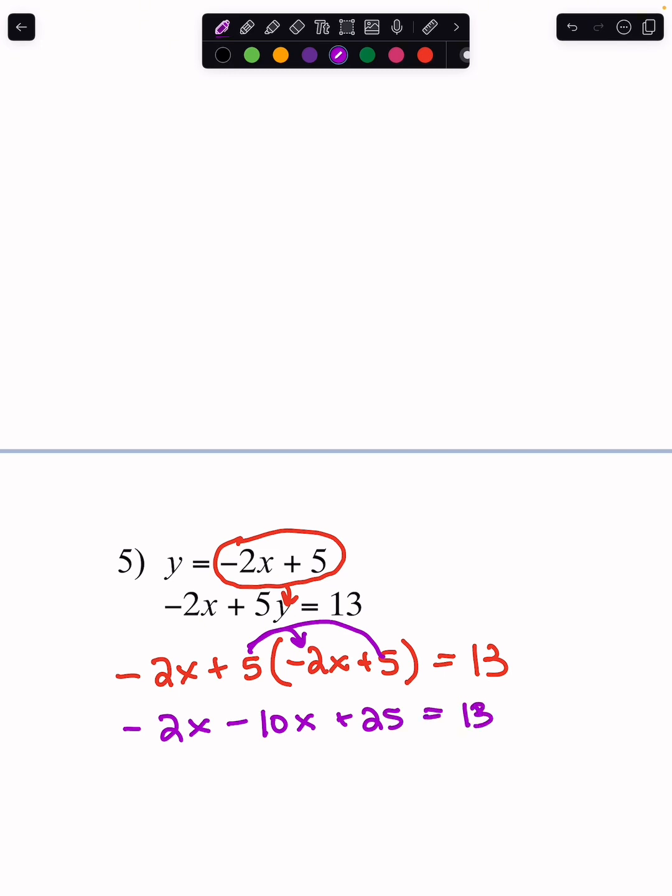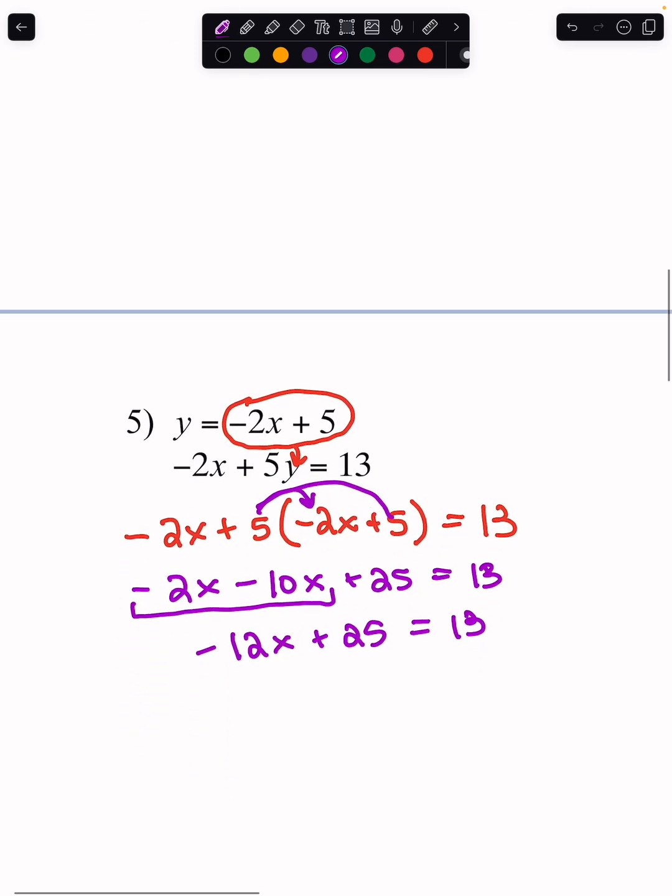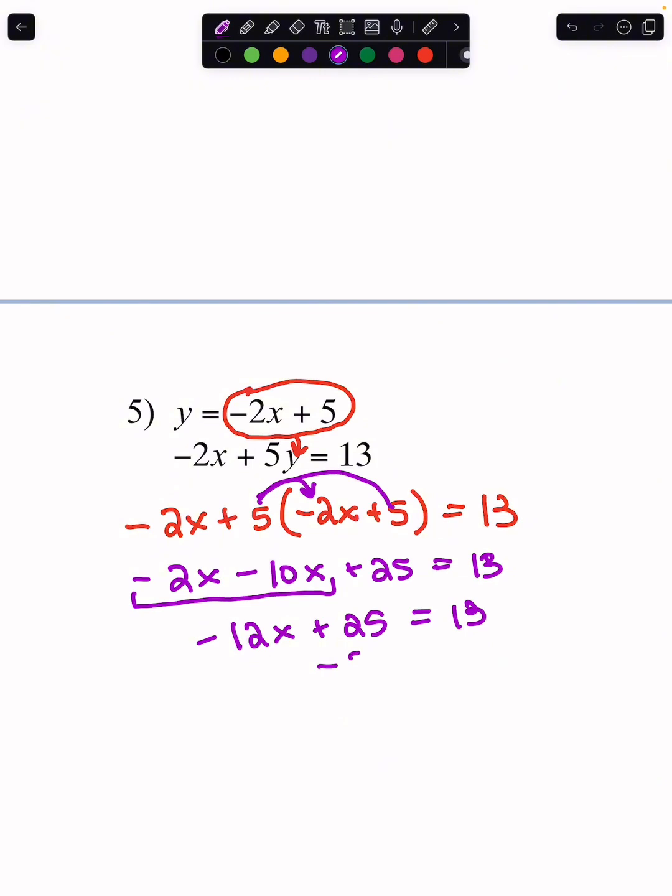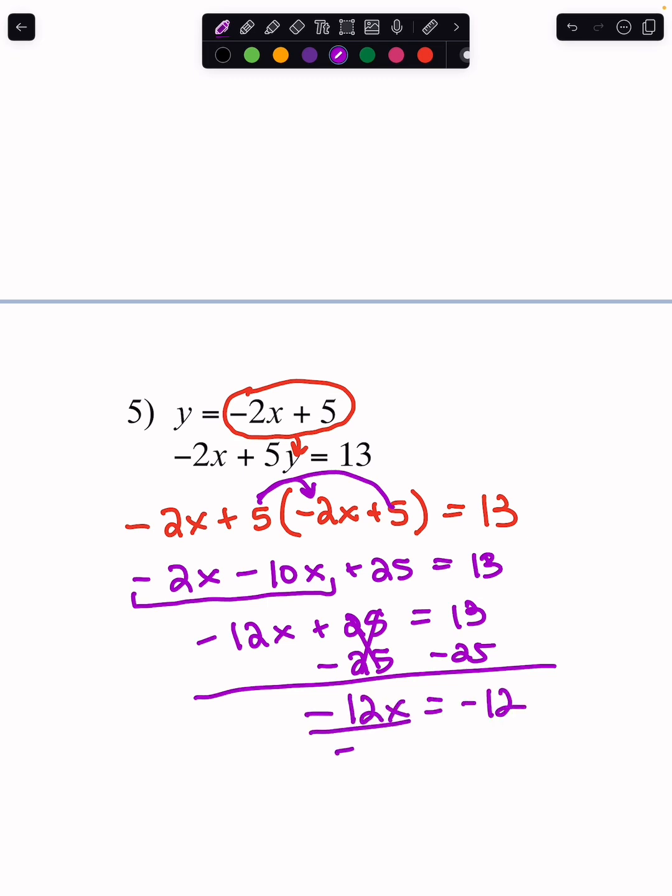Negative 2x minus 10x is negative 12x plus 25 equals 13. I'm going to subtract 25 from both sides. Negative 12x equals negative 12. Divide both sides by negative 12. x equals a positive 1.